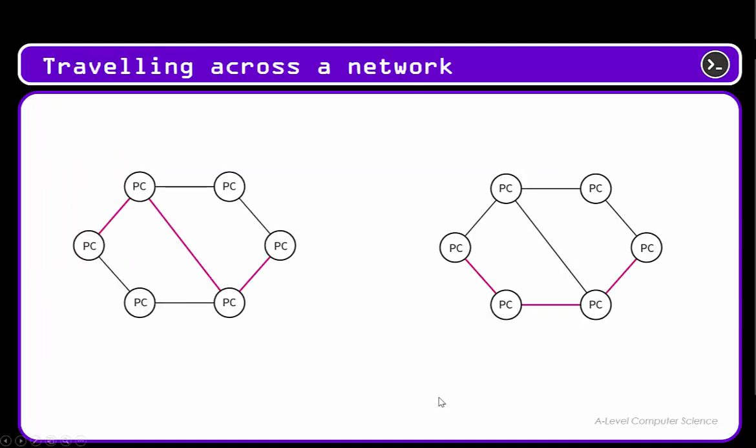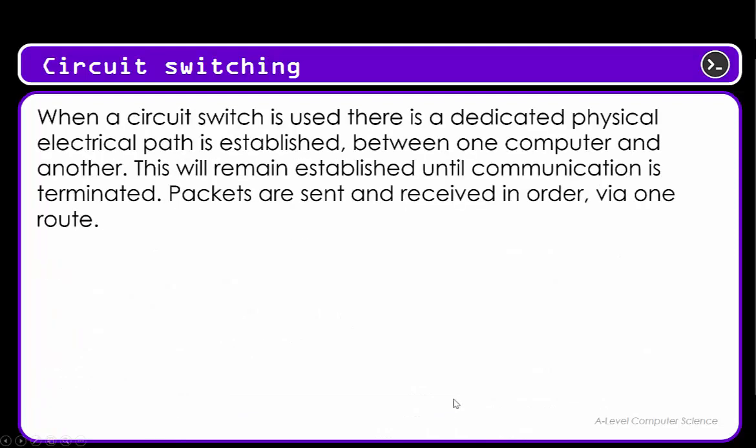Now, if we look at travelling across the network, they have highlighted two different paths. It doesn't really matter how you get from point A to point B, but if we consider how circuit switching works, it is this. When we make a connection or electrical path from one point to the next, once the path is established between one computer and another, that path will remain established throughout the whole communication time.